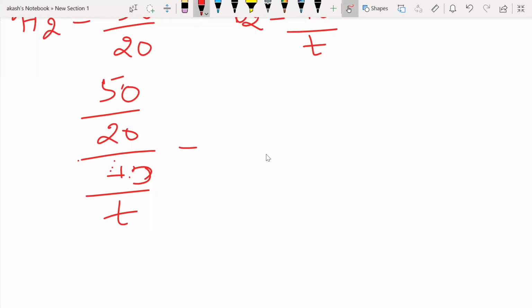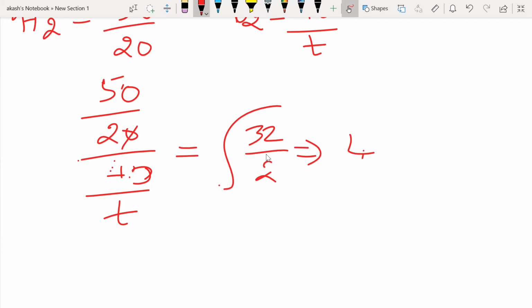That is equal to root of the mass of O2, 32, divided by the mass of H2, 2. So this will be root of 16. Root of 16 is 4. That's it. Now you just have to do it. So I can write 40 by 20. I can just cancel the zeros. So I will be getting 5 by 2 is equal to 4.